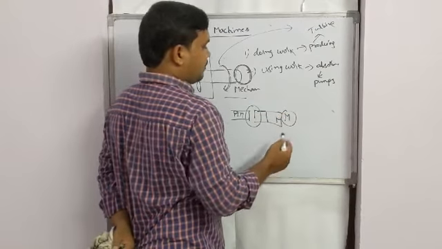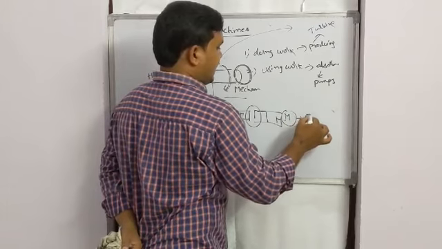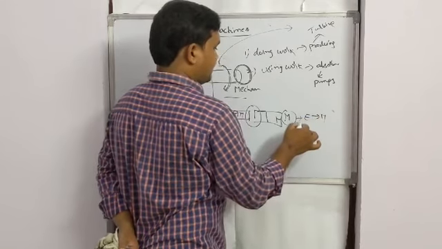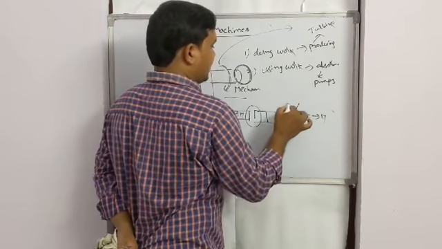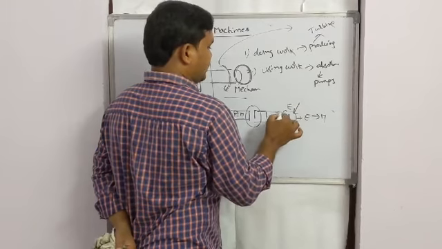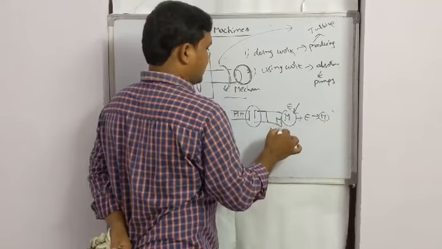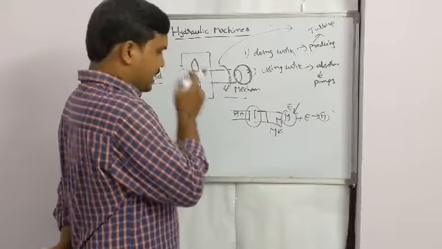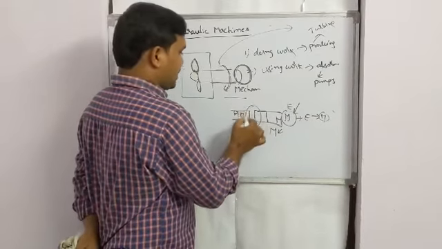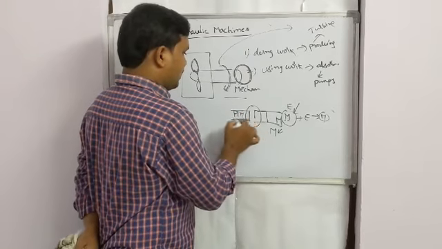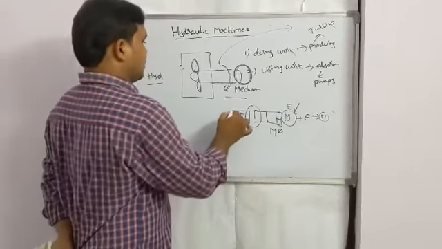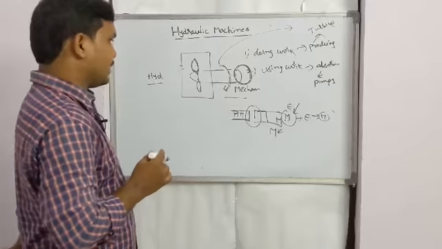So what is the principle of a motor? It converts electrical energy to mechanical energy. So when you give the electrical energy supply, the shaft of this motor rotates, giving mechanical energy. This shaft is connected to the shaft of the hydraulic machine, which will rotate.